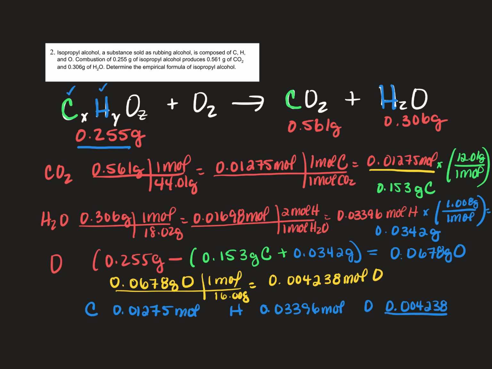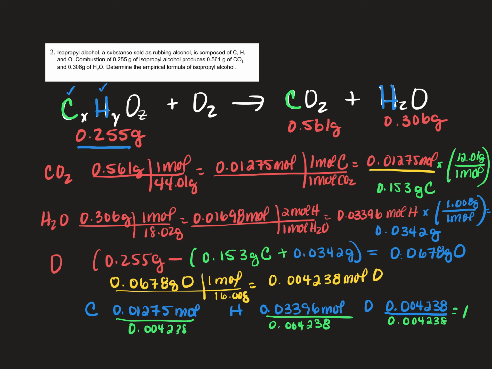So I'm going to divide by the lowest number. So I'm going to divide each by 0.004238.